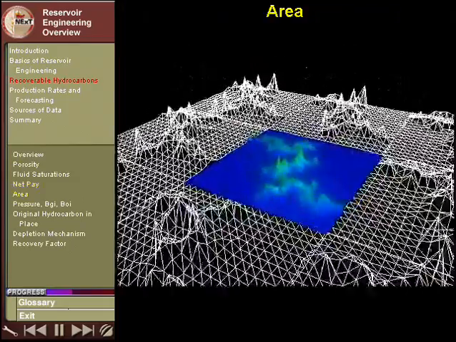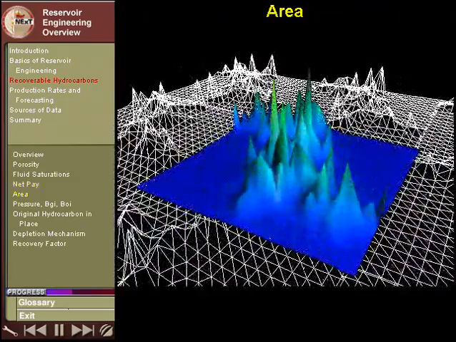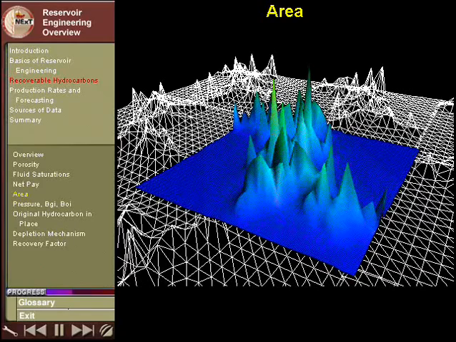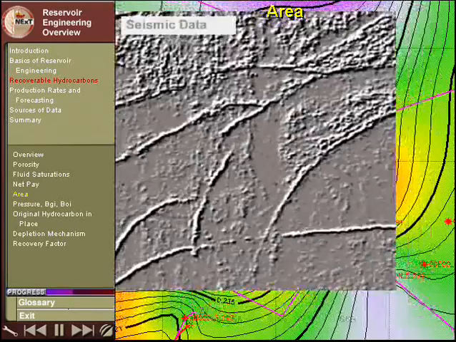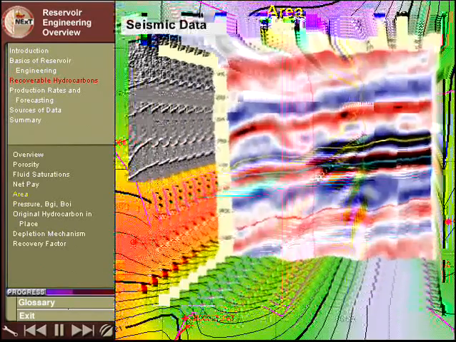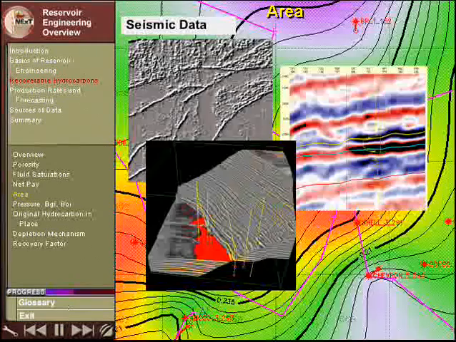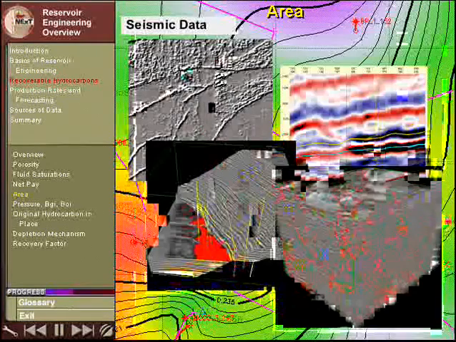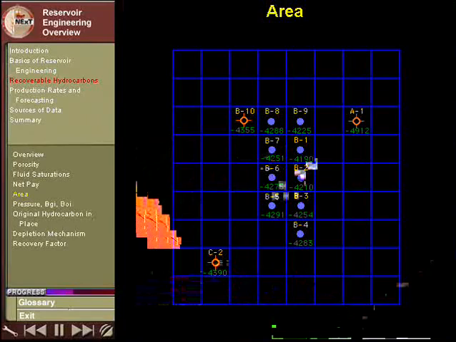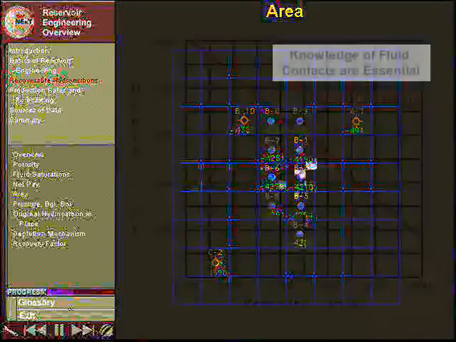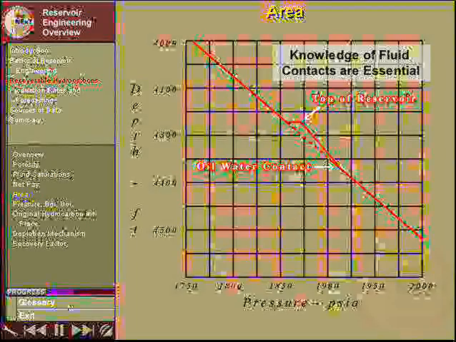In order to determine the reserves in a field, the areal extent of the hydrocarbon accumulation must be known. The areal extent of a new discovery is usually determined by a combination of seismic data, well testing, and delineation drilling. The knowledge of the structure and the water-oil or water-gas contact will define the area of the reservoir.